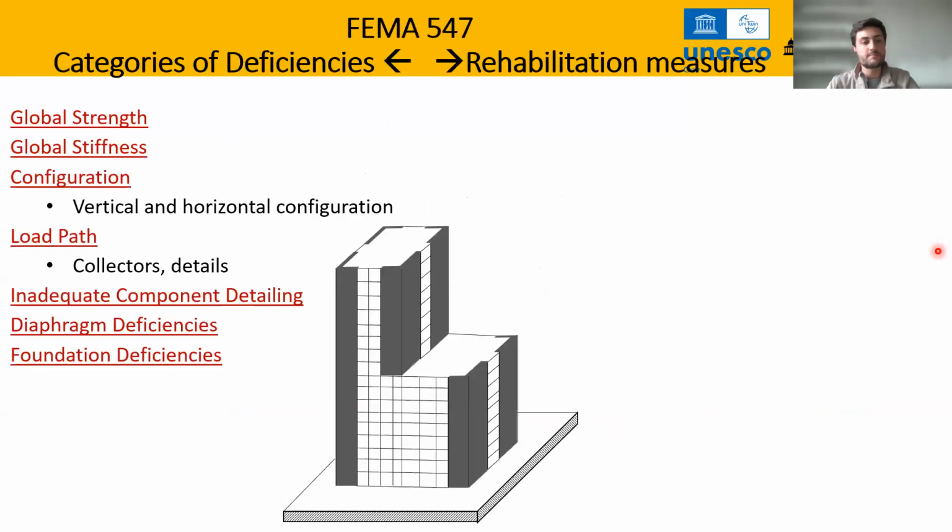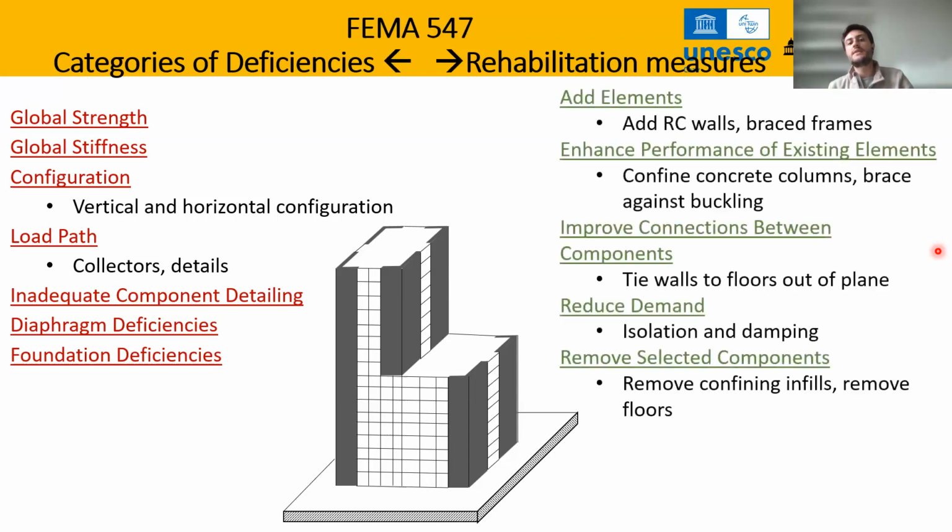And we will discuss more in depth the different strategies for retrofitting that can be used to achieve each one of these cases. According to FEMA 547, there are different categories of deficiencies, such as global strength, stiffness, problems with configuration or load path, diaphragm deficiencies or foundation deficiencies. And there are a lot of rehabilitation measures that can be used, such as, for example, adding new elements, enhancing performance of existing elements, improving the connection between components, even reducing the demands by installing some isolation and damping on the buildings, or in some cases, the solution can be to remove selected components.